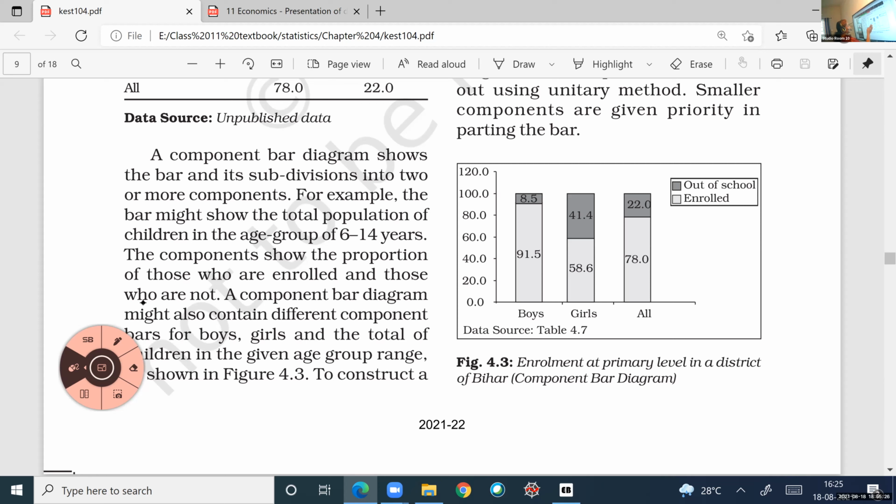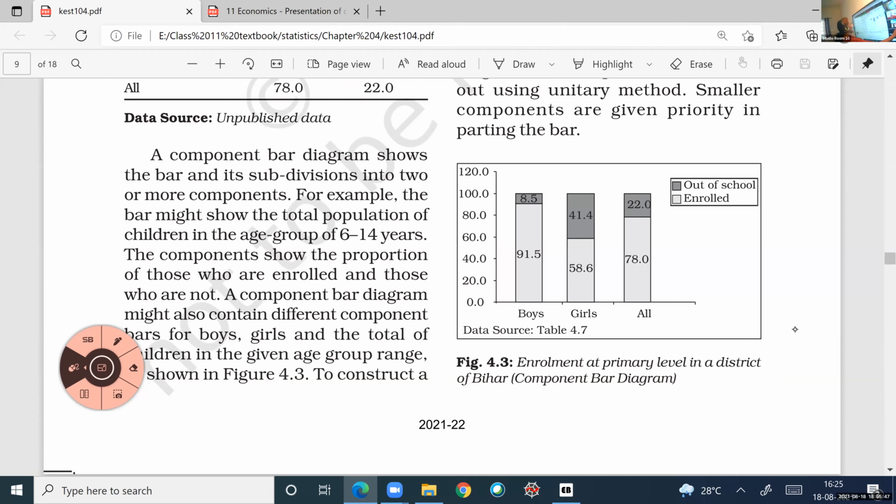For girls, it's given that 58.6 have enrolled or are studying. 41.4 are out of the school. The same way, in total they have taken 78 out of 100%. Somewhat 78 are enrolled in the school and 22 are out of the school. That many they are not studying.